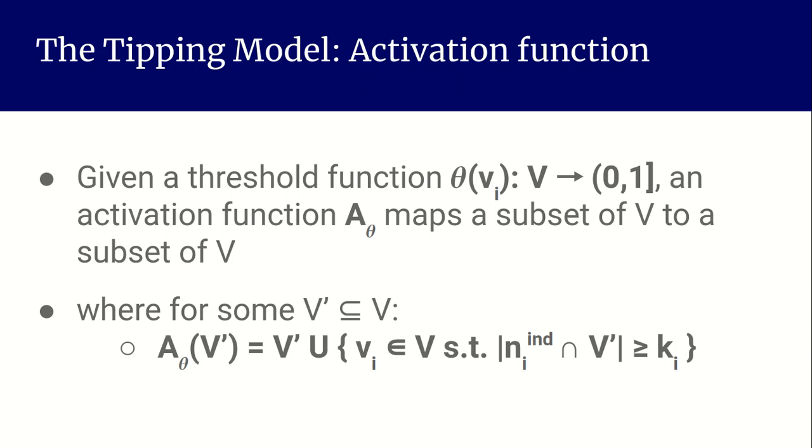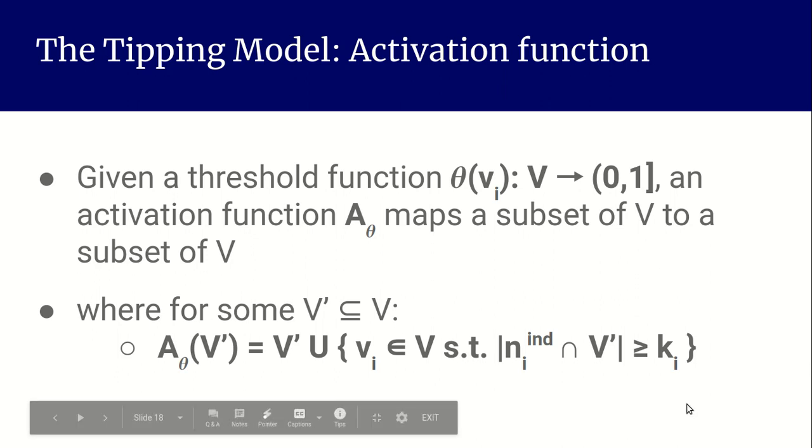Now, for the spreading of influence to work, we need to define how the nodes get activated in a monotonically non-decreasing fashion. Hence, having the threshold function, we can define an activation function A sub theta that, given a subset of vertices, returns another subset of vertices, V prime, such that its nodes satisfy the condition in the slides here.